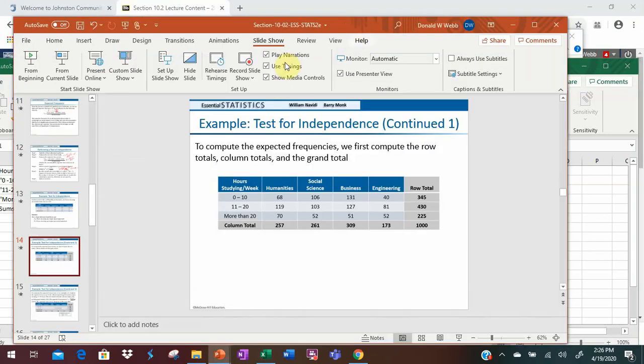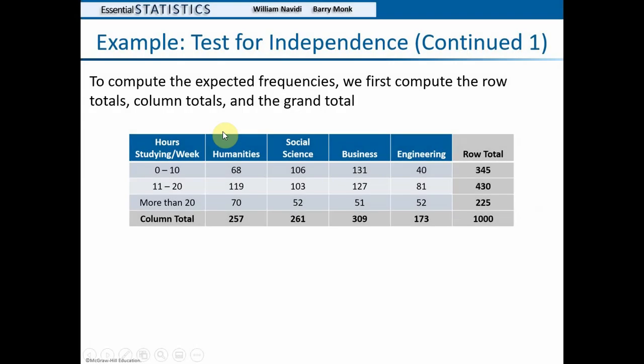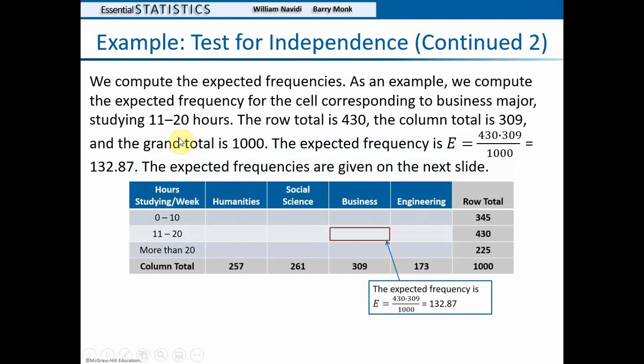While it seems to be a lot of work in Excel, all I did was set up the pattern and let it go. If I didn't, I would have to go through and build these with each calculator. This times this divided by this, this times this divided by that, and build up. This one would be this times that, the 4, 3, and the 3 or 9 divided by the 1,000. For each one of those, you would have to calculate the expected value.